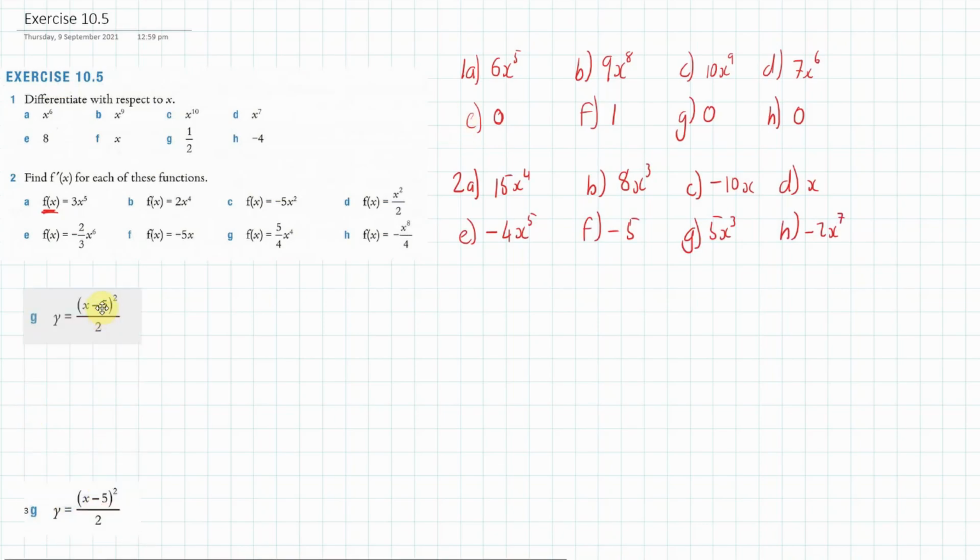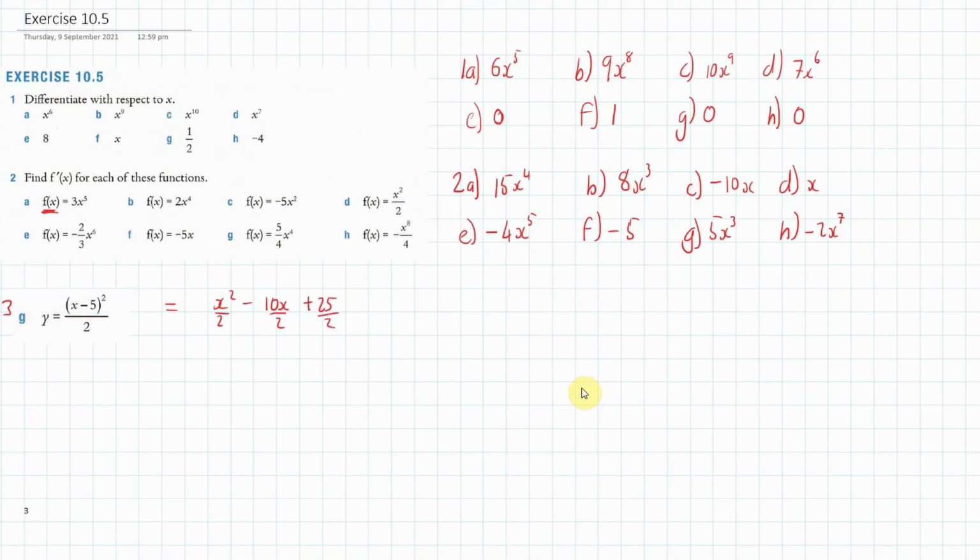Now sometimes we have something a little bit more difficult, like this one here, 3g. What I would do in this situation is expand the bracket. If you take maths in year 12, I will explain to you another way that we can do these. But for now, we can write it like this.